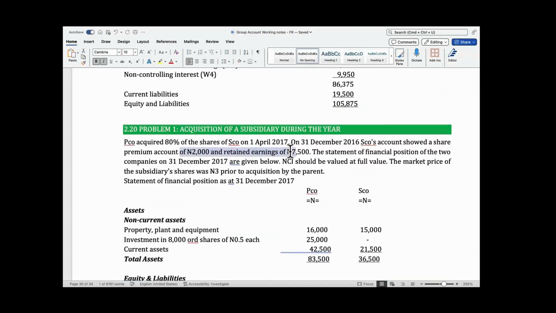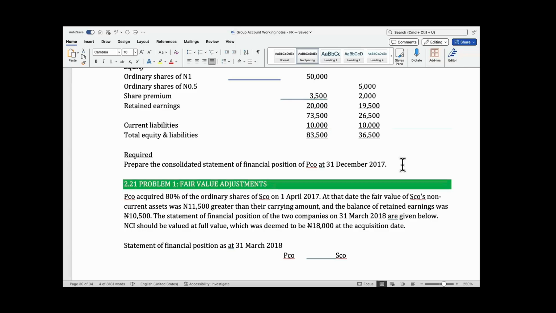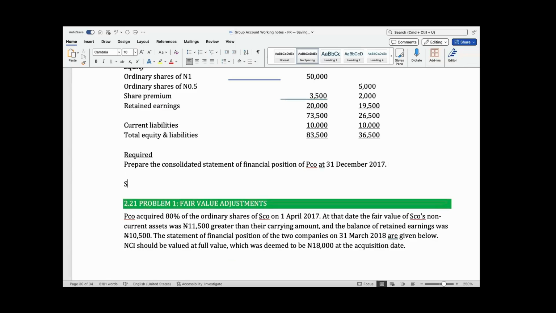This will not help me, because what I need is the equity of the subsidiary at the date of acquisition. So I have to figure that out. How do I determine the equity of this guy at this date? It's quite straightforward. Let me show you.